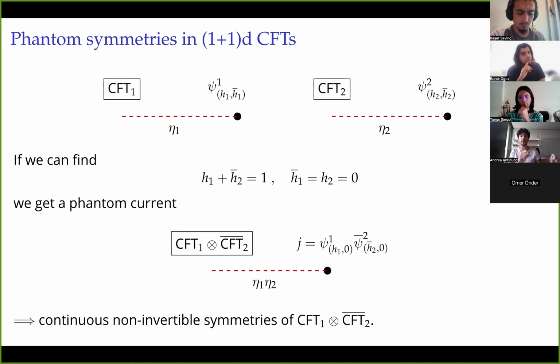Here, I'm using these discrete symmetries to find these operators and to find at the end a continuous global symmetry. But the continuous global symmetry is not necessarily related with these discrete symmetries. So these discrete symmetries are just a tool to find these twisted sectors. Of course, you might ask, well, why can't I just look for operators that are fully local and don't live at the end of a line?